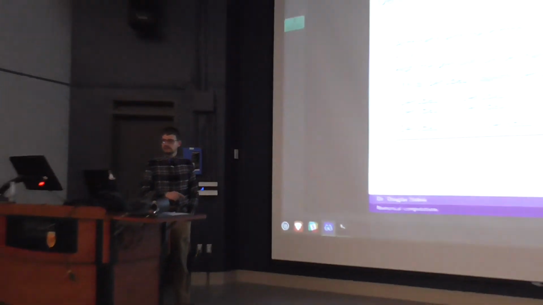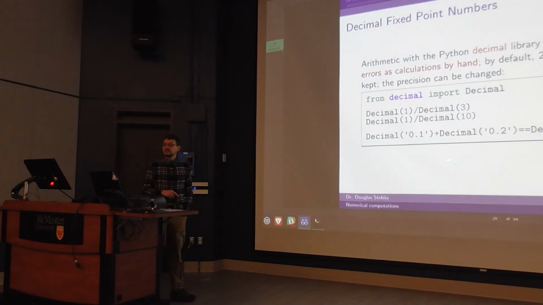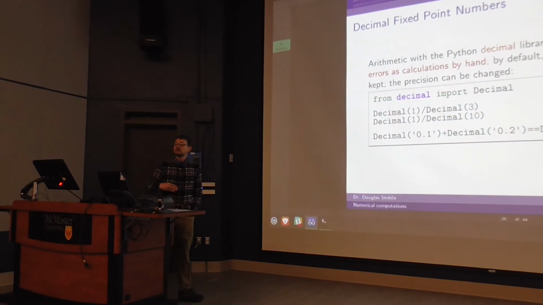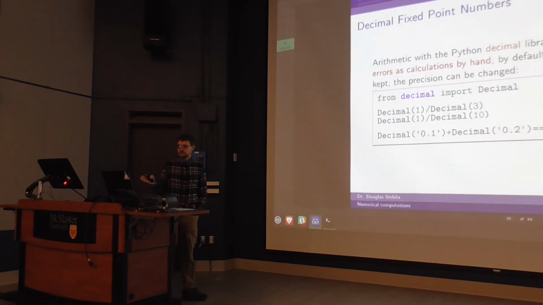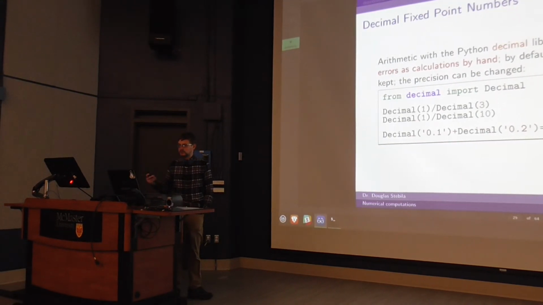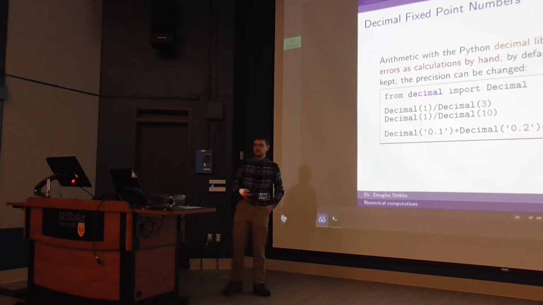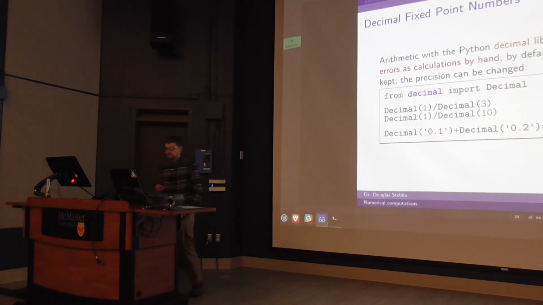Garbage in, garbage out. If you put a floating point number into the decimal library to initialize a decimal number, it will read it with all of the floating point imprecision that is native to the floating point representation, and therefore you're not actually gaining anything. You might as well just be using floats, right?